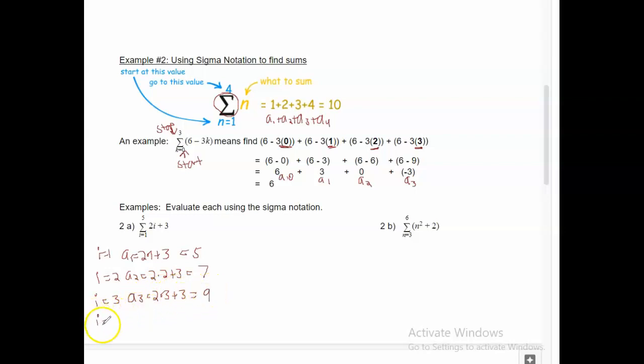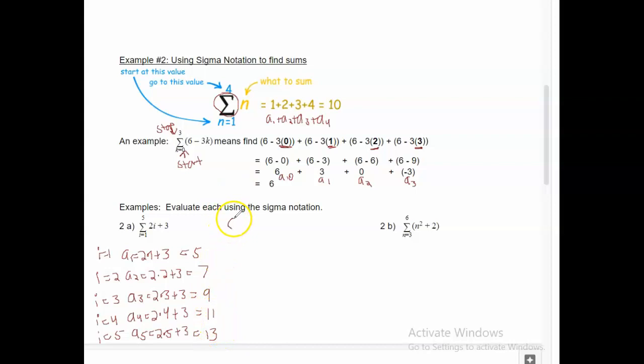And I need to go to when i equals 5. Basically, we can also see that this is arithmetic in the sense we're adding 2 to go from each term.